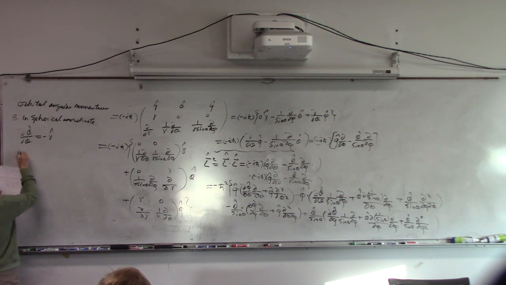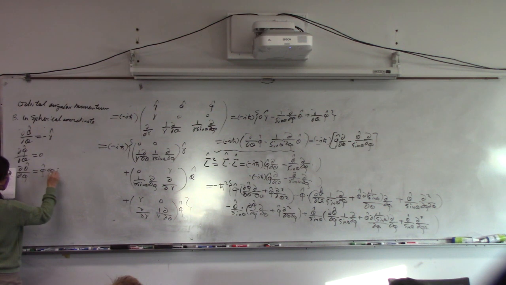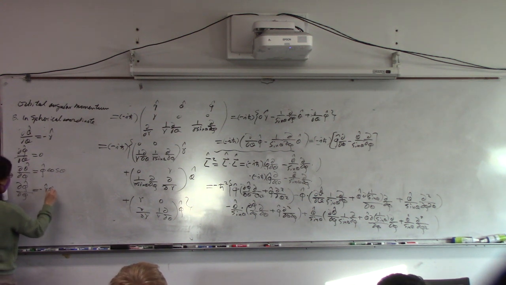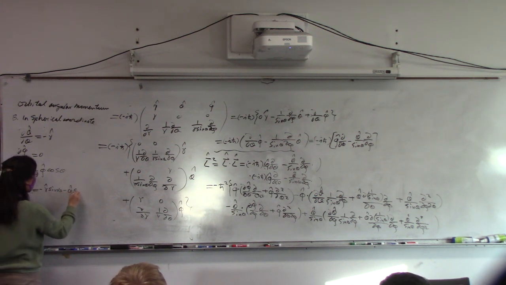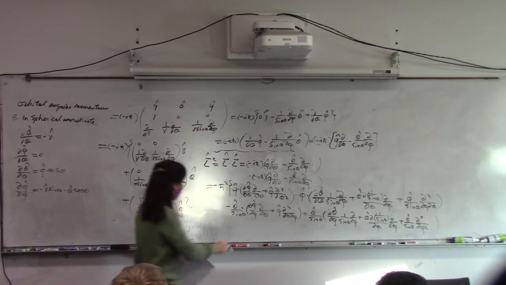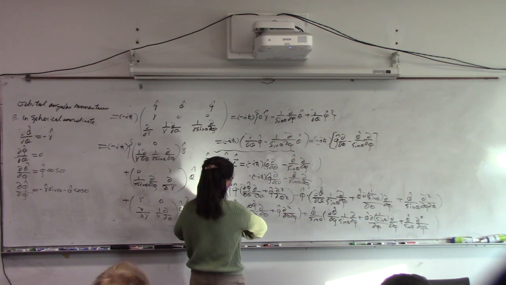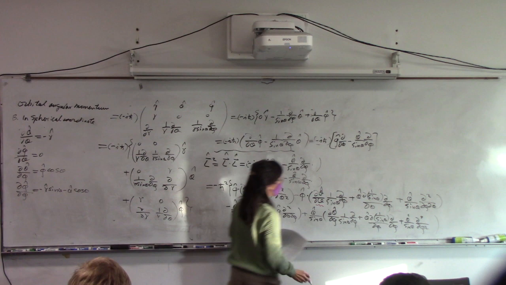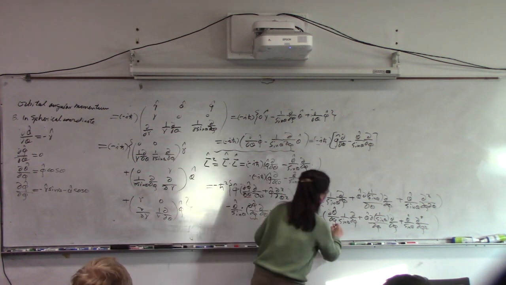Then there's a partial phi hat, partial theta is 0. Partial theta hat, partial phi is phi hat cosine theta. And the partial phi hat, partial phi is minus r hat sine theta minus theta hat cosine theta. So we need to substitute those into here. Right, we have this term, this term, this term, and this term.